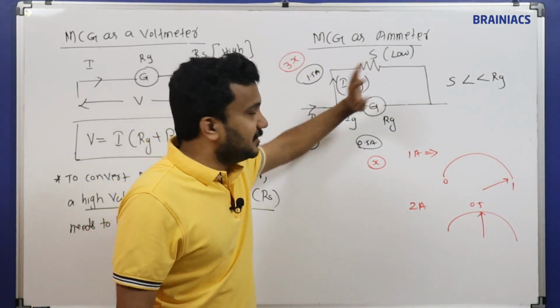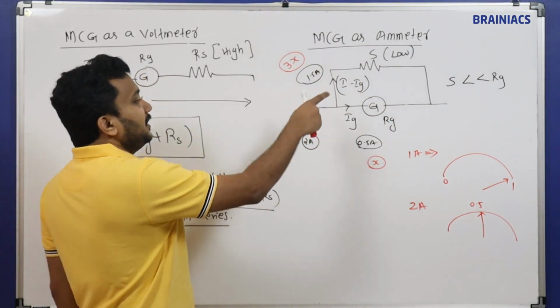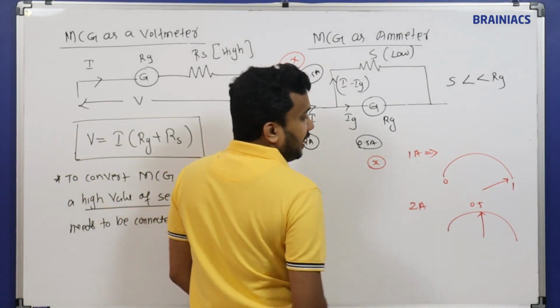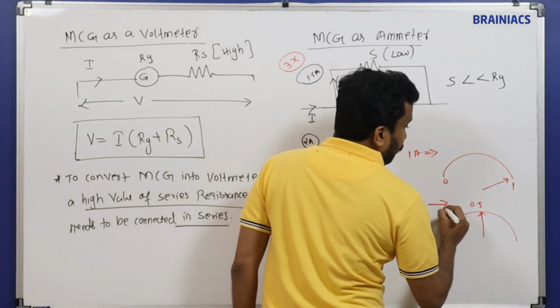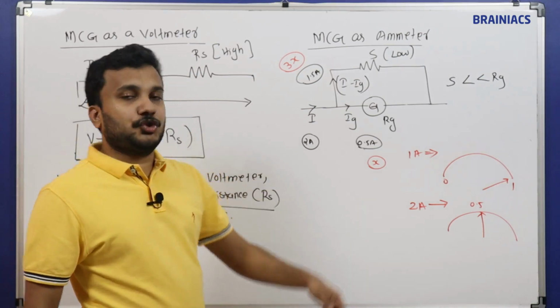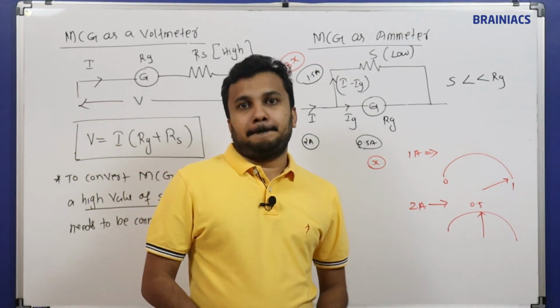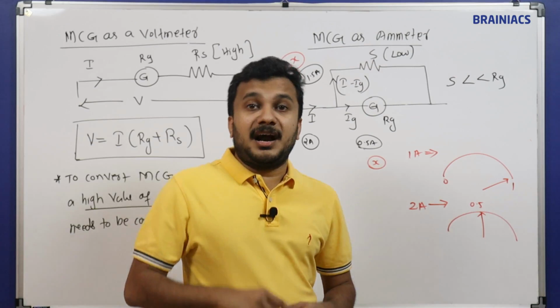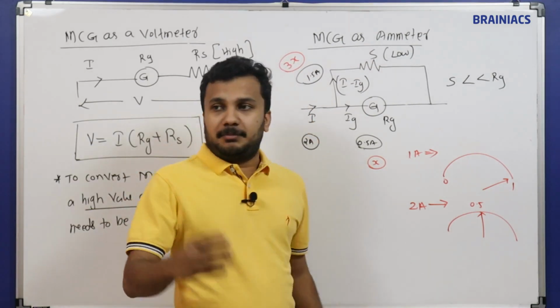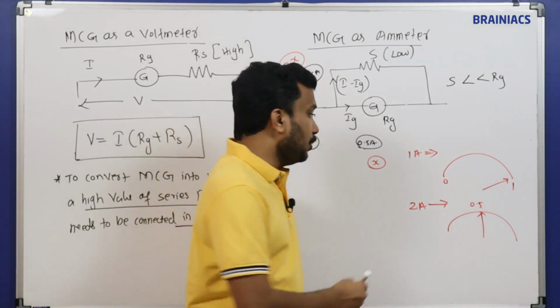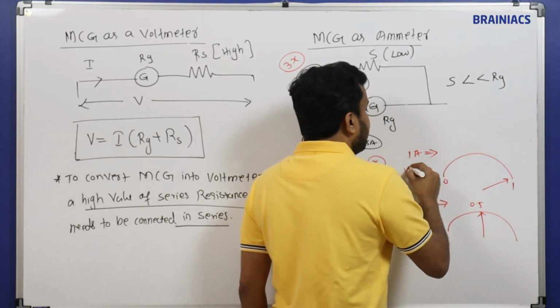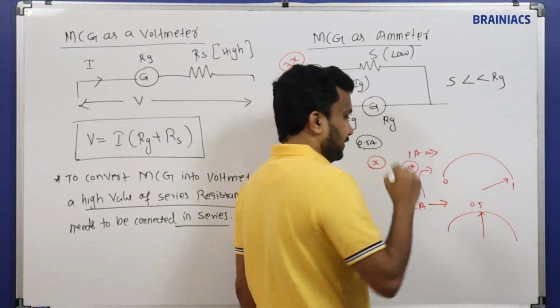High current, less resistance. So I know I am giving 2 ampere, but my galvanometer is showing 0.5. Then immediately I know 1.5 ampere is bypassed through the other path.